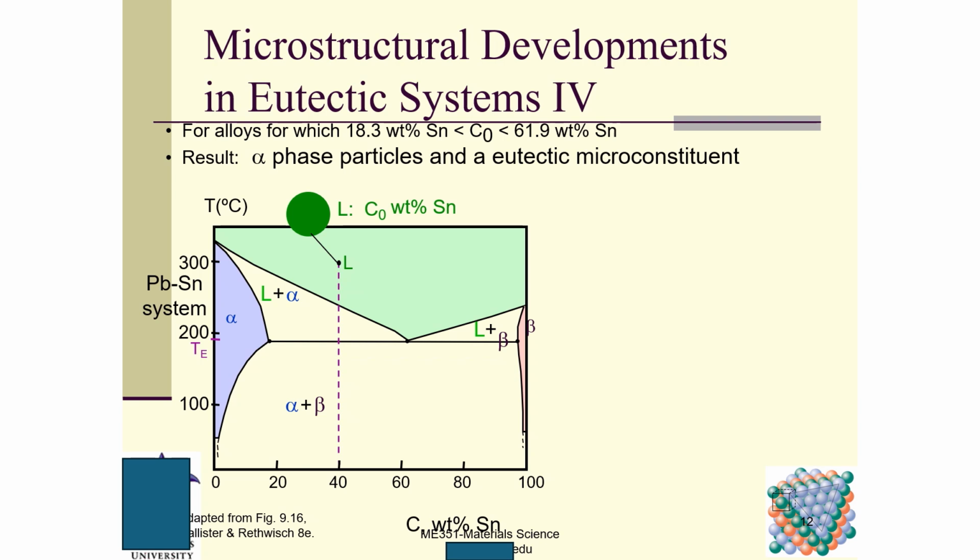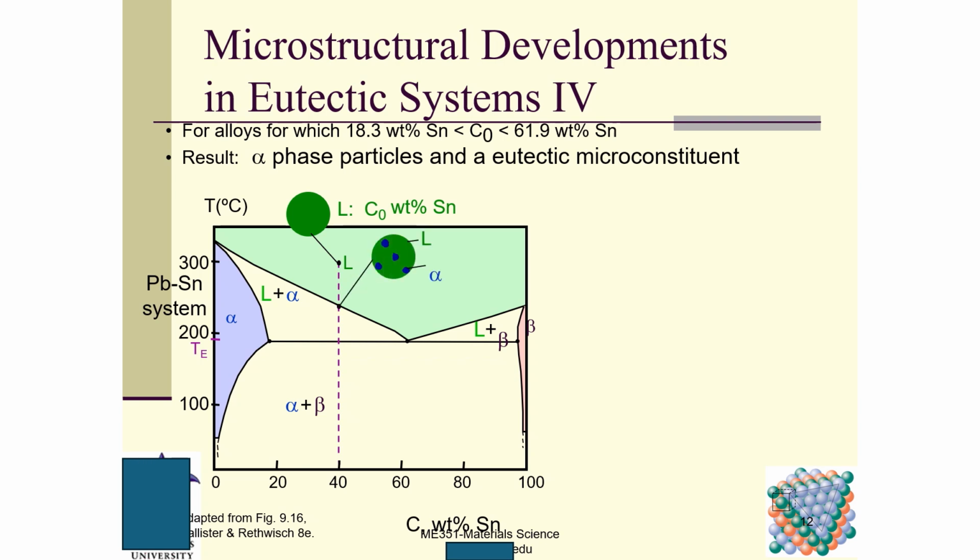One for 80% weight, which is higher than 80.3%, but lower than 61%. We want to calculate alpha phase particles, and we get this eutectic macro constituent.